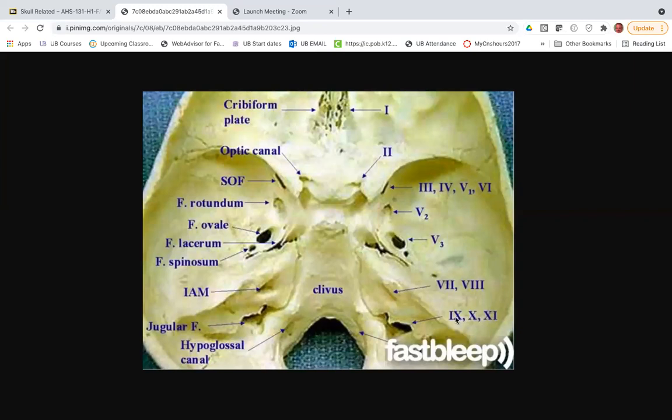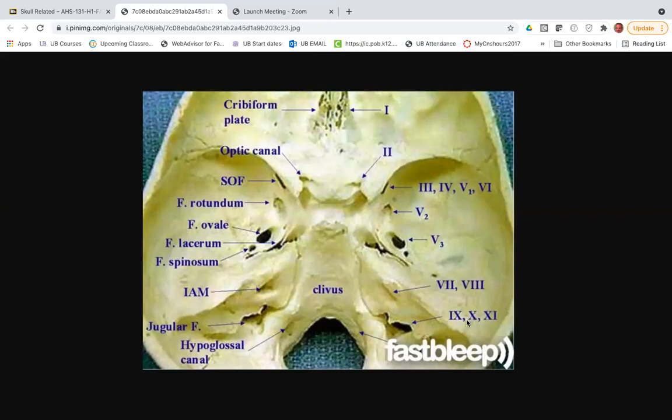Cranial nerve 9 deals with the gag reflex in the back of the throat. Cranial nerve 9 deals with the sense of bitter to the tongue. Remember, 7 was sweet, sour, and salty to the front of the tongue, and bitter is the posterior part of the tongue, cranial nerve 9.